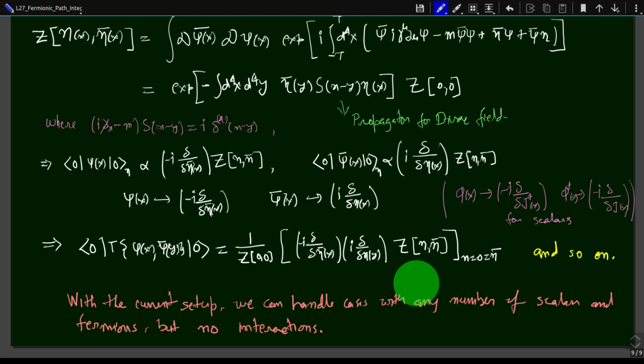That we'll do after discussing the gauge theories, so we'll discuss all kinds of interaction in one go. But having done the fermions, the main step beyond scalar fields required for the functional integral method for fermions is the invention of these Grassmann numbers, and using them in a self-consistent manner.